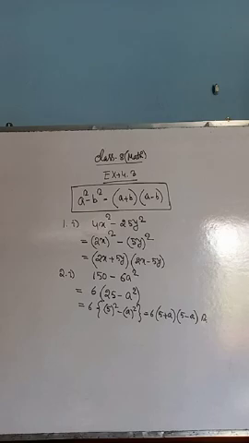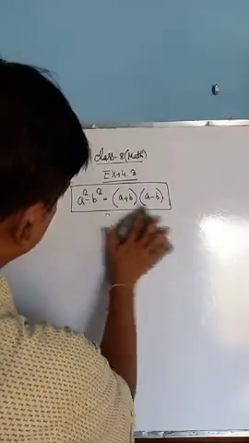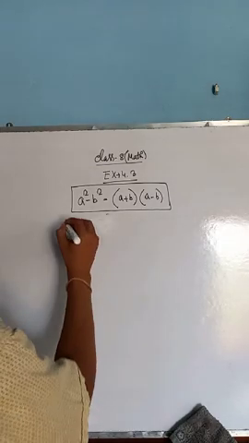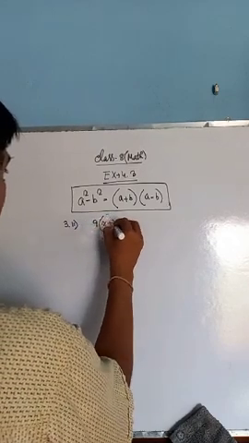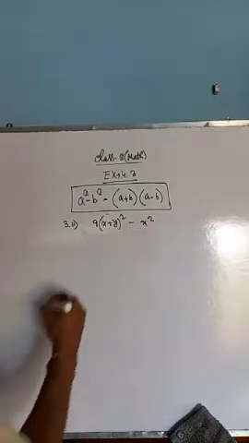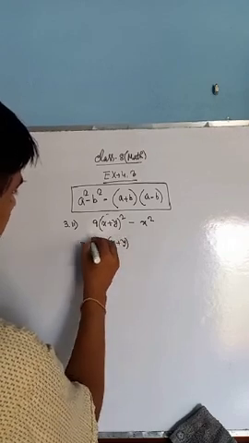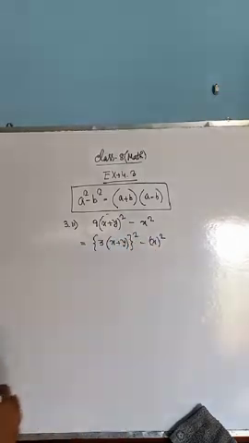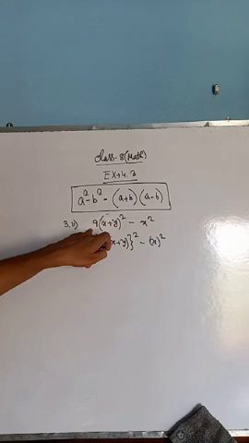Suppose question 3A2: 9 into x plus y square minus x square. How can I do that? 9 means 3 square, so 3 into x plus y, that total whole square, minus x square. This is the whole square of 3 times x plus y.